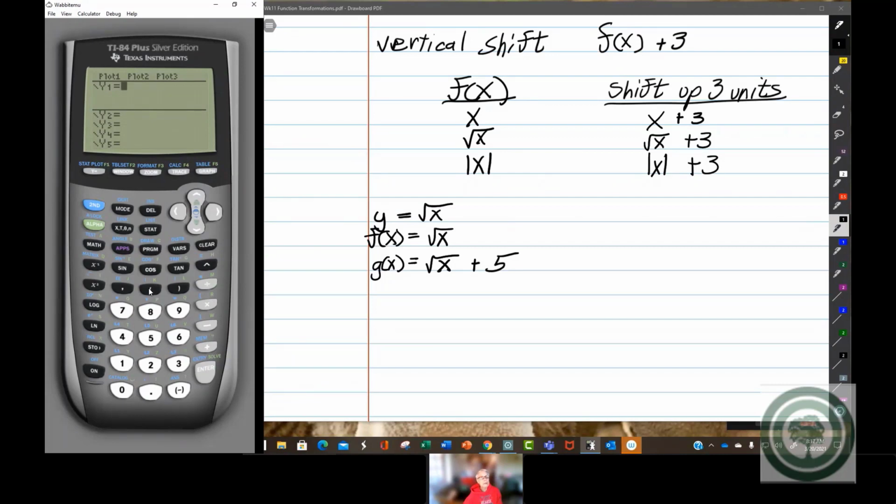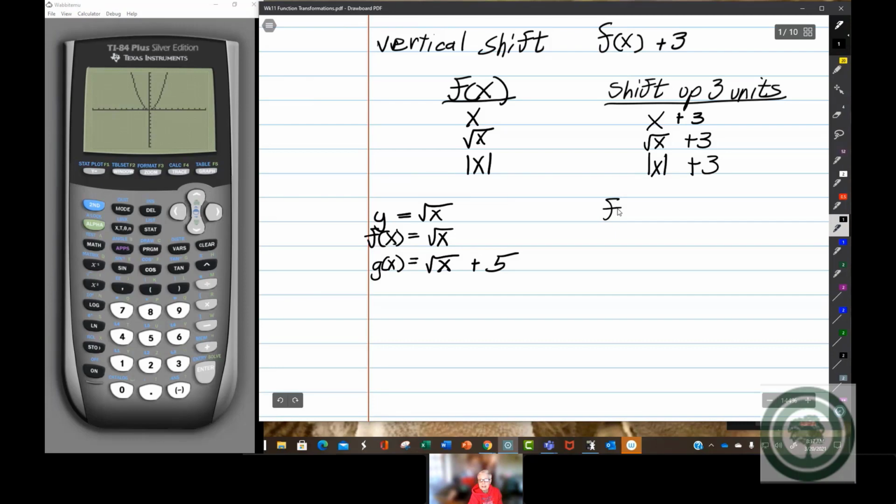For instance, suppose I want to graph X squared. Okay, X squared, Y equals X squared. Probably the most familiar graph to students. Suppose I want to shift that down 5 units.